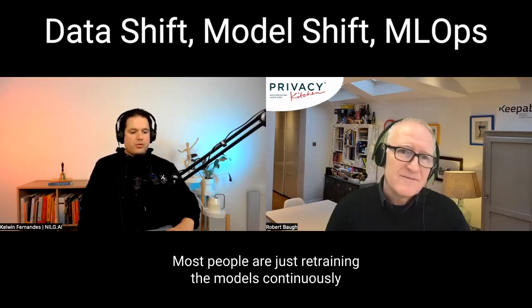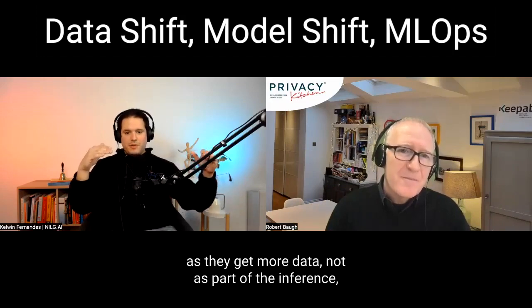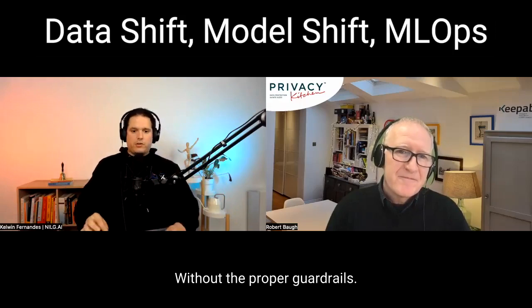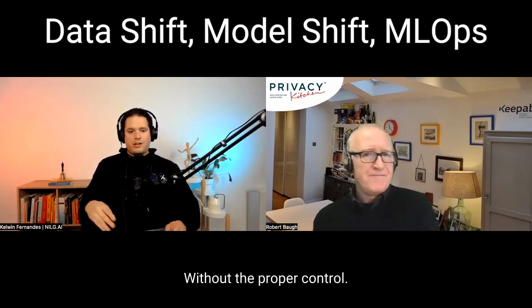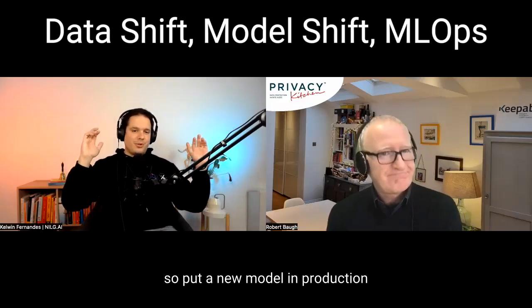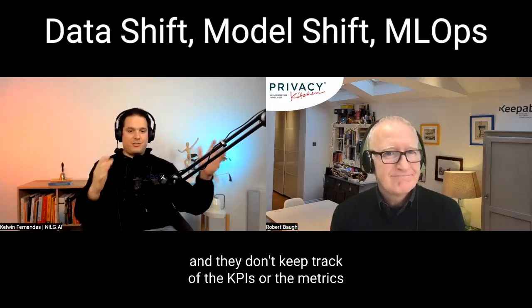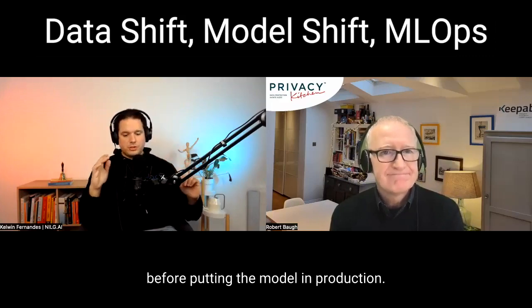Most people are just retraining the models continuously as they get more data. Not as part of the inference, but as a separate process that is retraining the models without the proper guardrails, without the proper control. They just say, we have a new model, put the new model in production, and they don't keep track of the KPIs or the metrics before putting the model in production.